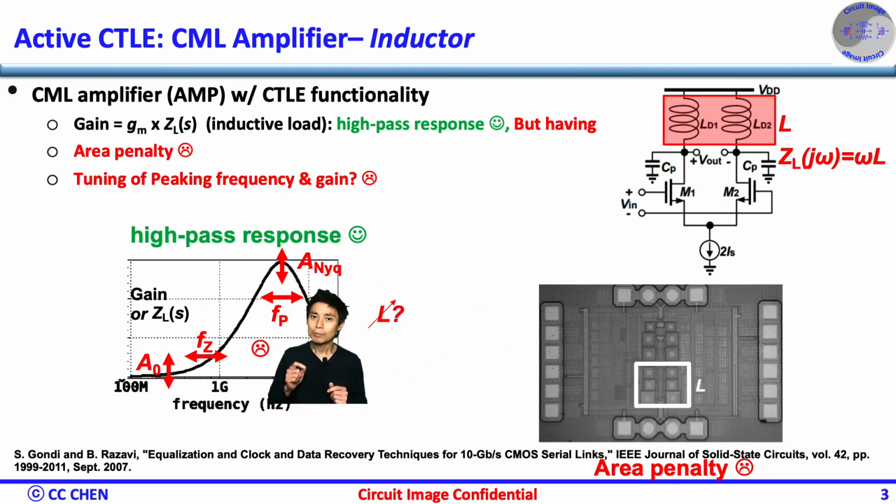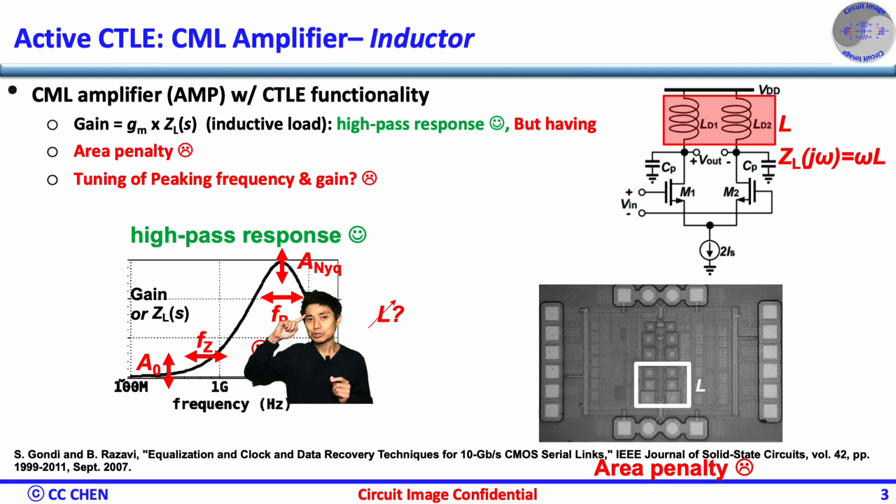A standalone shunt-peaking CTLE is not quite practical if the frequency-dependent load does not work well. Can we try to implement the high-pass response in the transconductance instead?